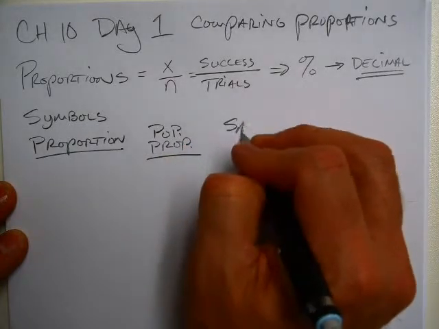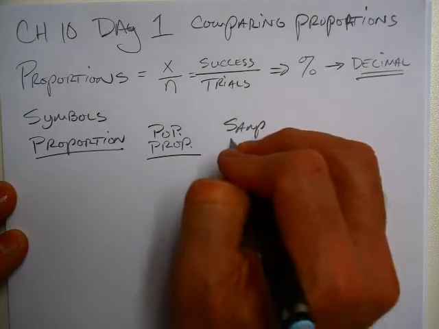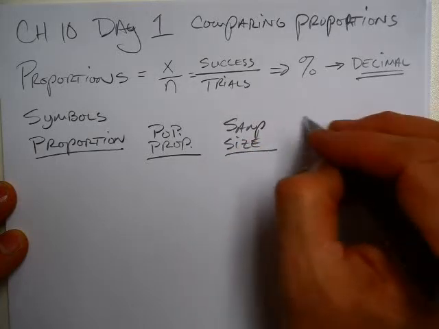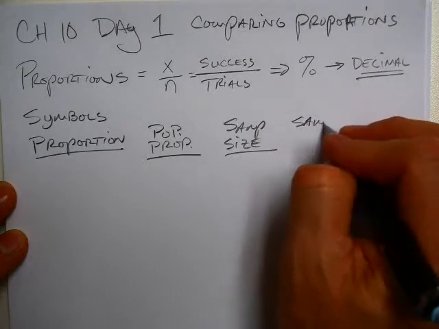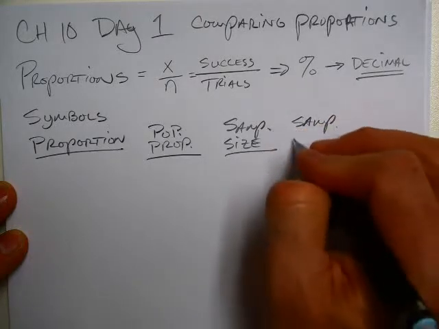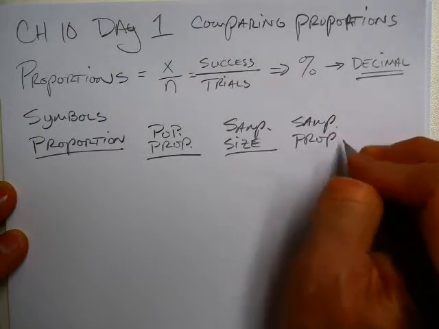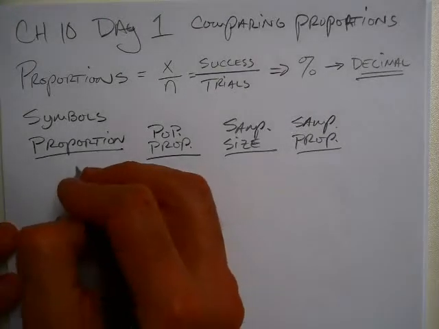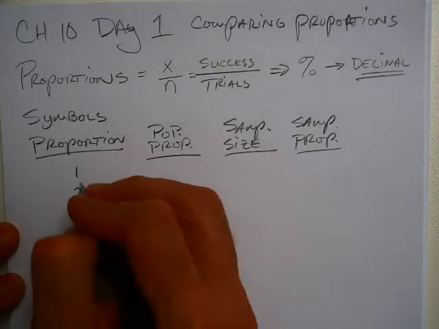We've got the sample size, n. And we have the sample proportion, p hat. If we're dealing with 2 proportions, then we have proportion 1 and 2.